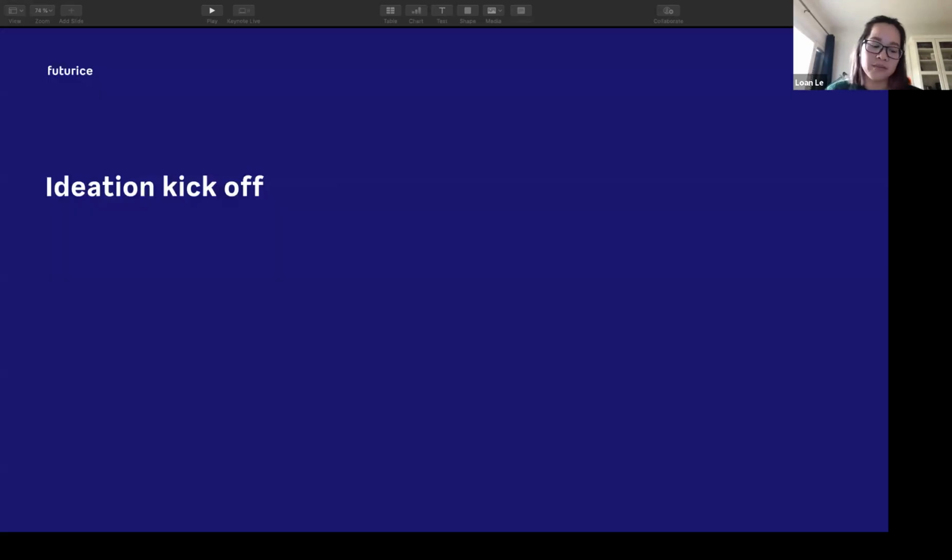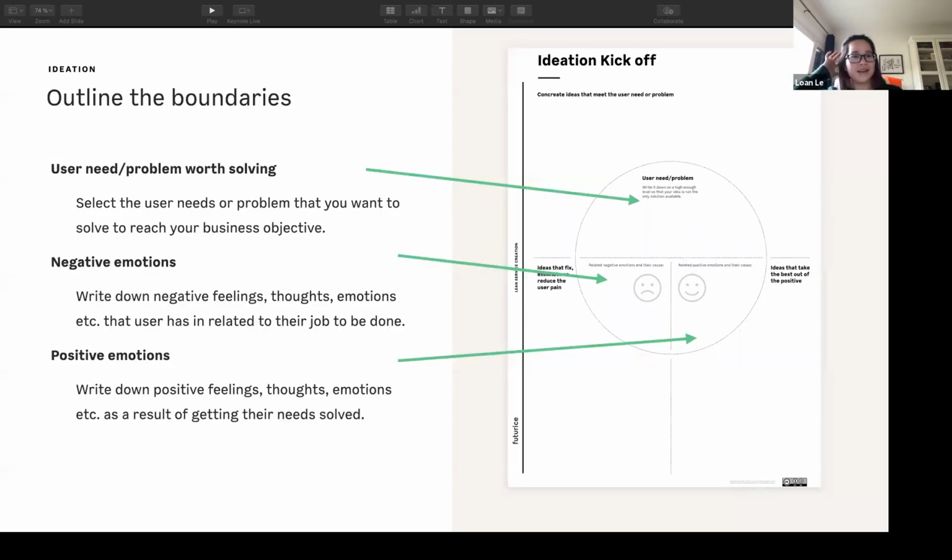So what next? Now you have your business problem checked, your customer group defined, and you have talked with several people in that group. Then you are allowed to work on your ideas for the solution. First, you can fill in the inner circle based on the insight from your interviews. You select one need or problem that you think solving would help you achieve your business objective.